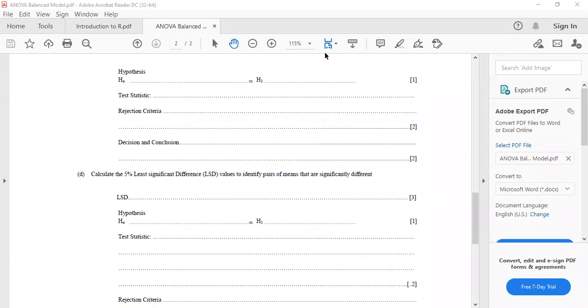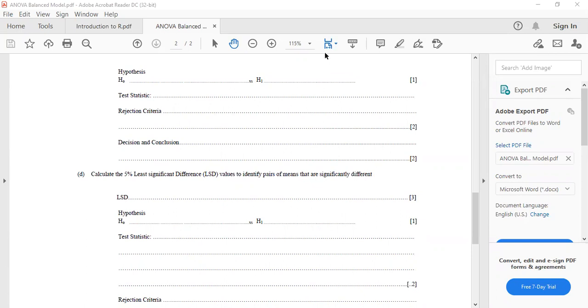Then you're going to calculate y bar 1 dot minus y bar 3 dot in absolute. Then y bar 2 dot minus y bar 3 dot. That means you're going to have how many combinations? You're going to have 3 combinations.